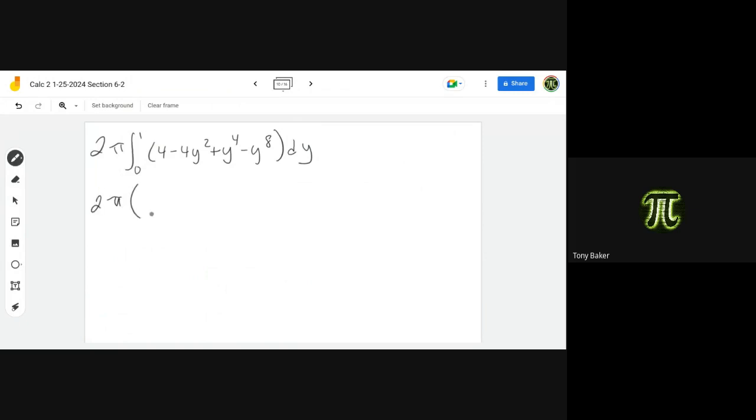Pi times 4y minus 4/3 y to the third plus 1/5 y to the fifth minus 1/9 y to the ninth, from 0 to 1.